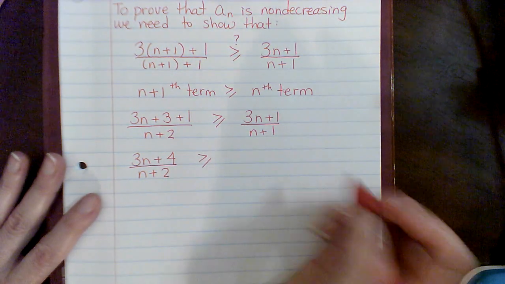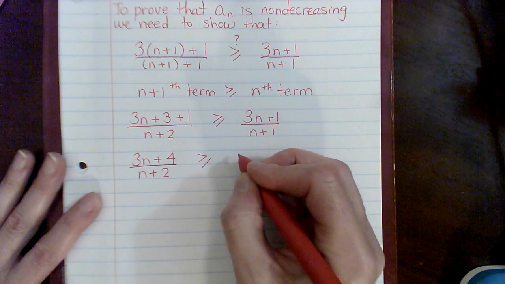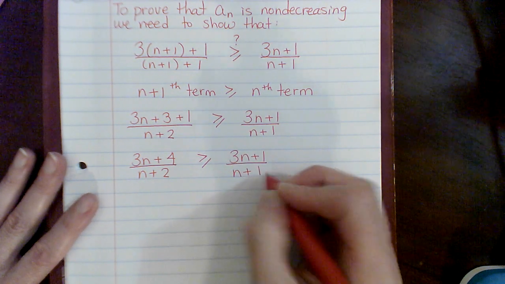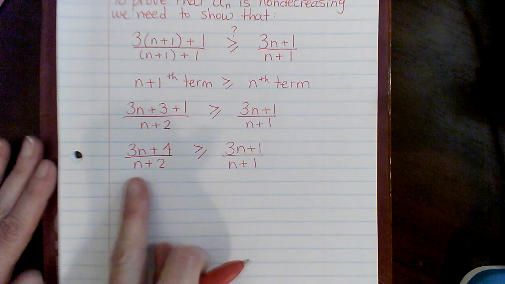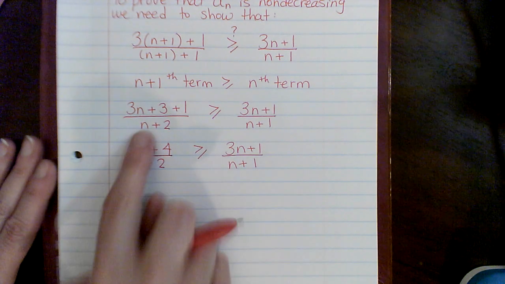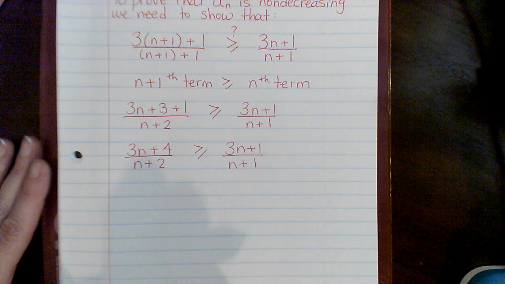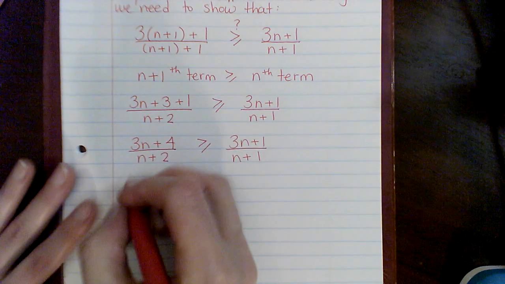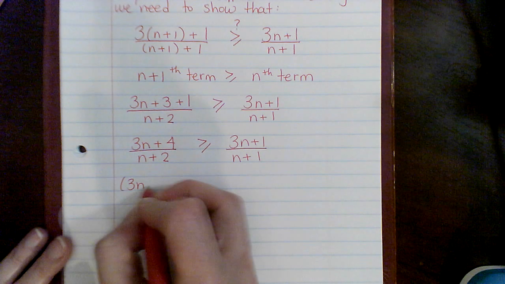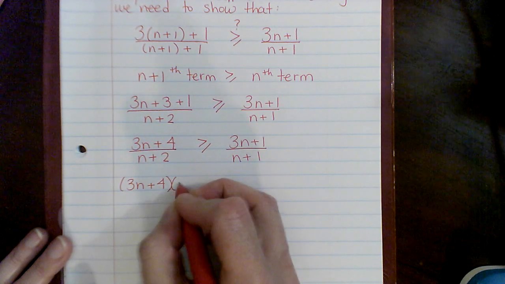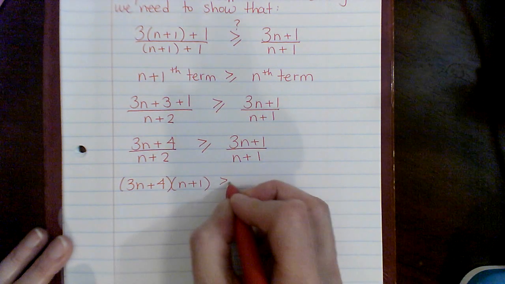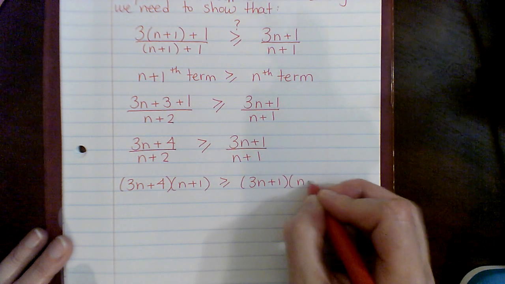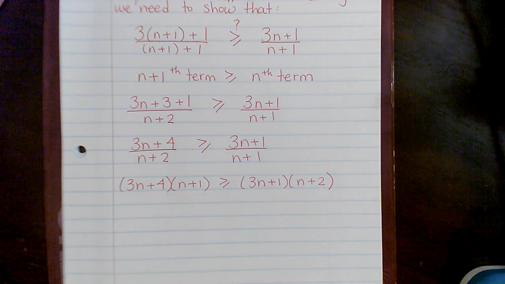And we want to know, is that bigger than or equal to 3n plus 1 over n plus 1? If this is true, then this cross product is going to be bigger than this cross product. So that means that 3n plus 4, that quantity, times n plus 1 would have to be greater than or equal to 3n plus 1 times n plus 2. So does that inequality hold?